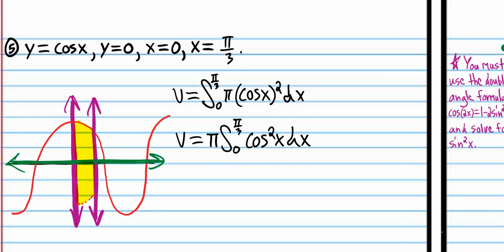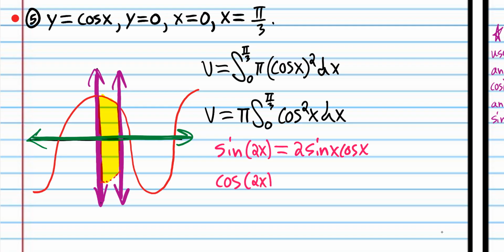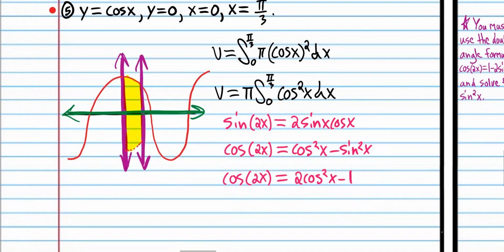We learned in previous classes that sine of a double angle is equal to 2 times sine x times cosine x. We also learned that the cosine of a double angle is equal to cosine squared x minus sine squared x. But the cosine of a double angle is also equal to 2 cosine squared x minus 1.